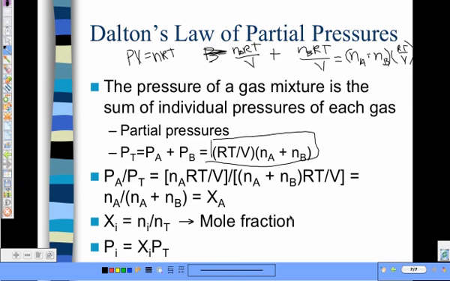And we can use that mole fraction to find the partial pressure of that gas. So if you know the total pressure of the system, you can take that mole fraction times the total pressure of that system, and that gives you the partial pressure of just that one gas.